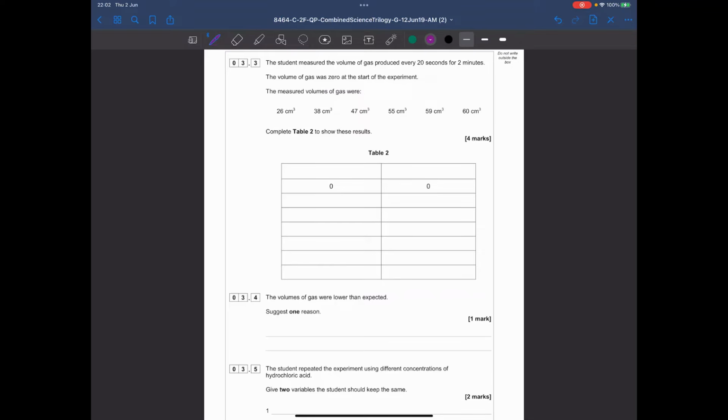Well, it's our headings. We are changing the time in seconds. Okay, we are in control of that, and it said they're changing it every 20 seconds for 2 minutes. So we're just going to go up in 20s: 20, 40, 60, 80, 100, 120 seconds in 2 minutes.